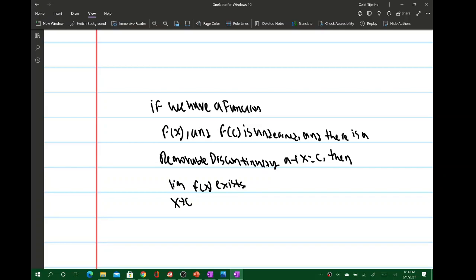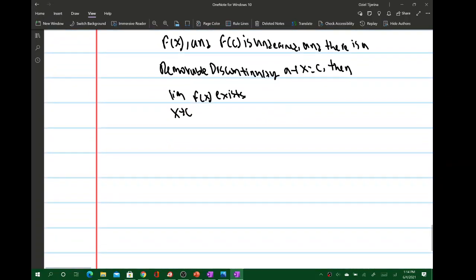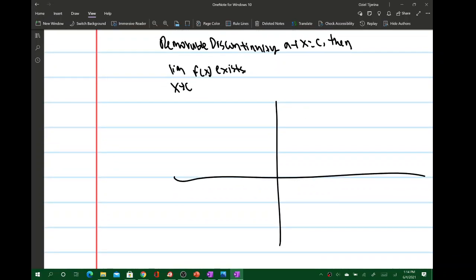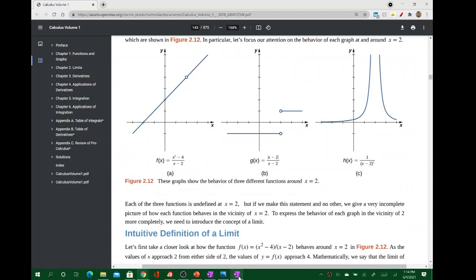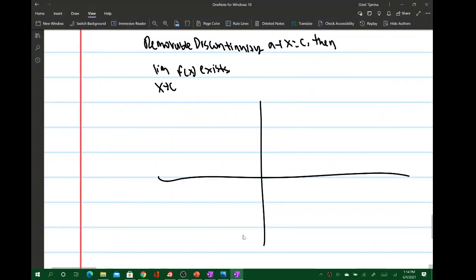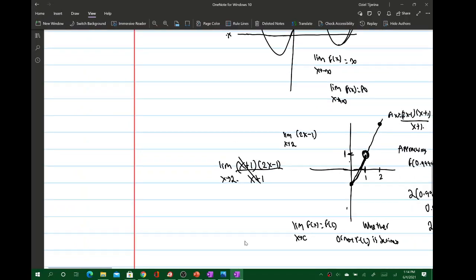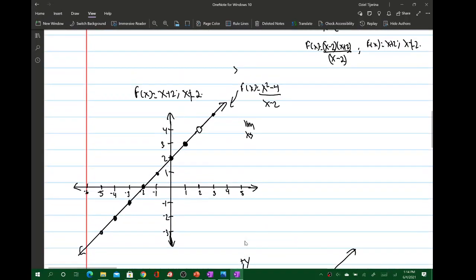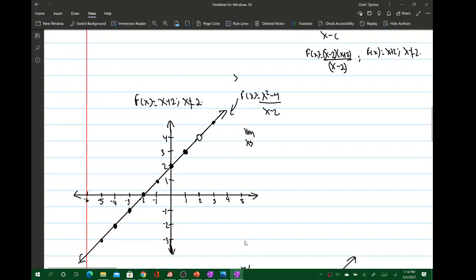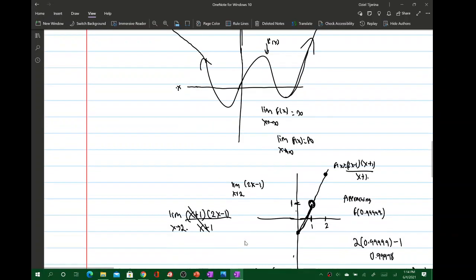Okay. What do I mean by removable discontinuity? That's exactly what we had when we did the x plus 2 term.